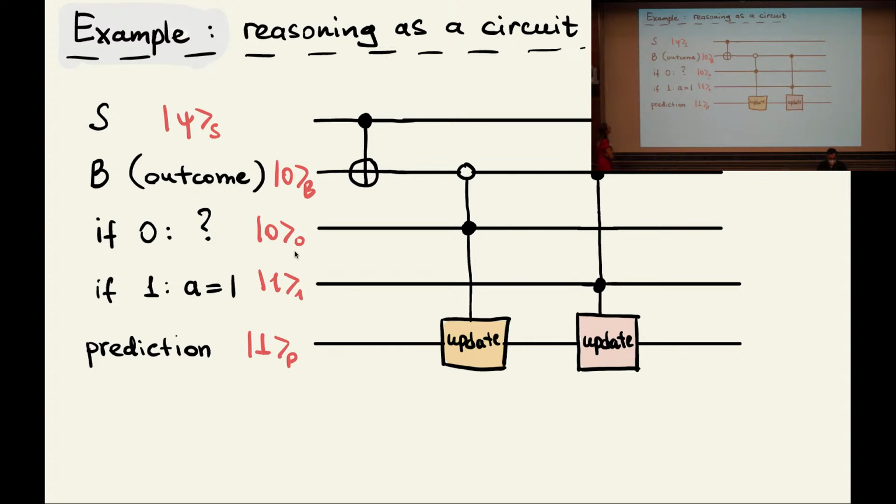So what does Bob do when he comes to the lab? He has access to the system S, which is in some state psi. So first he measures the system and writes down the result to his first memory qubit. Then he does the same reasoning process as we just did a few minutes ago.